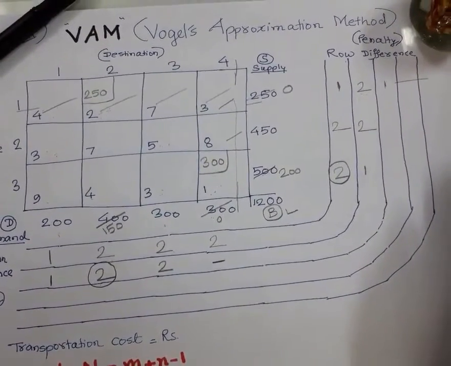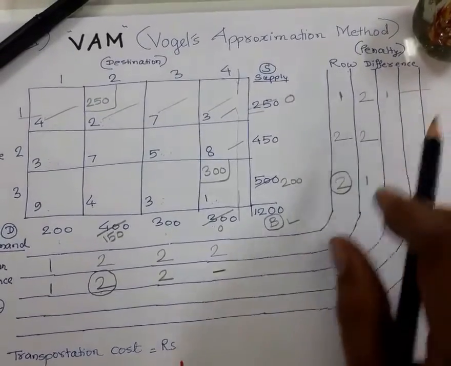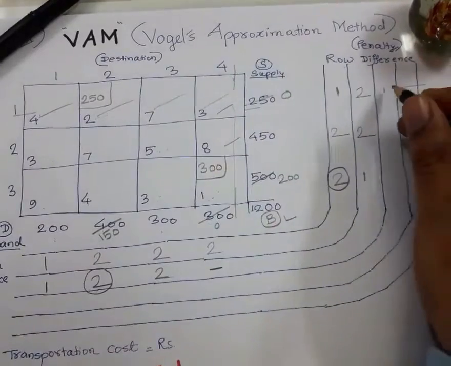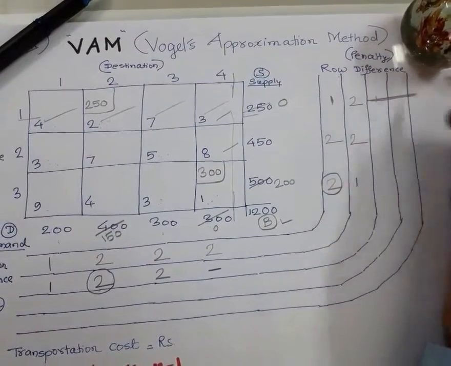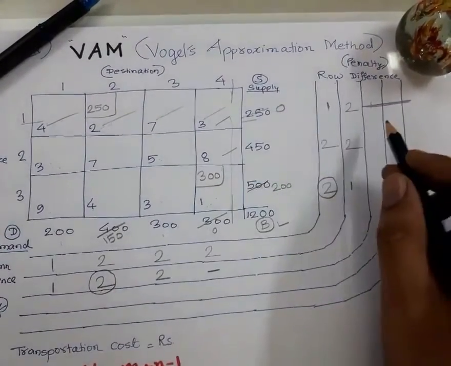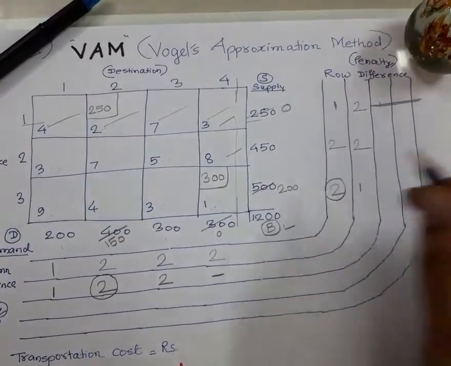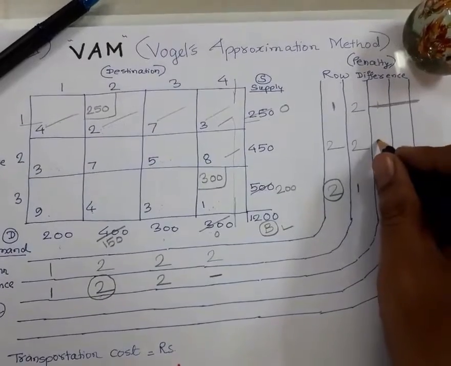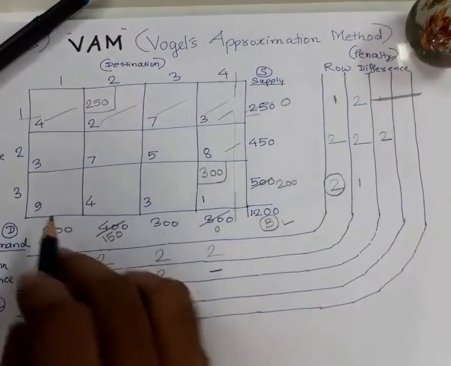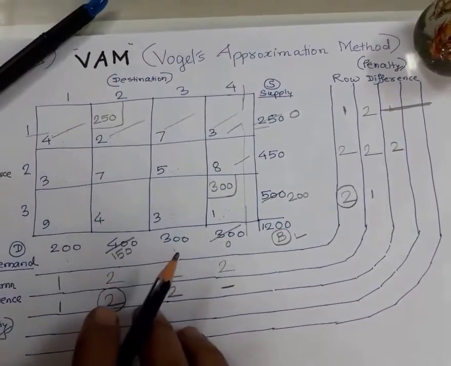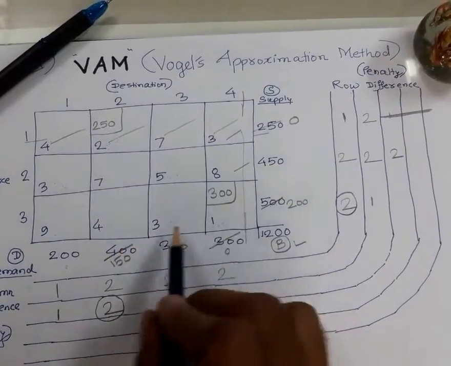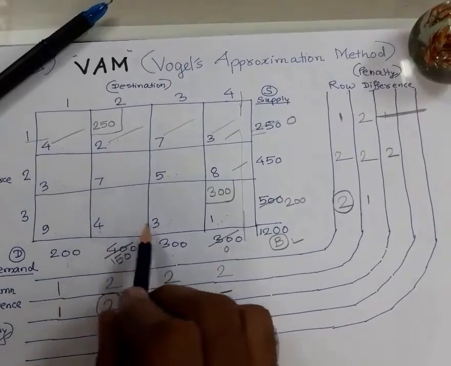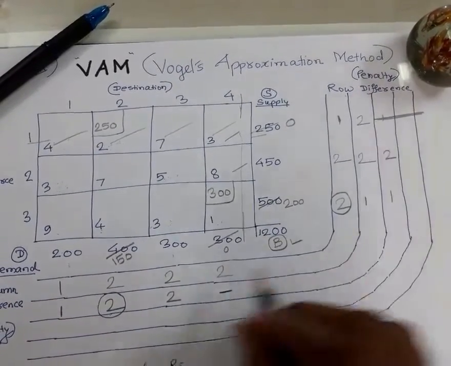Again find the row penalty and column penalty. First one is deleted, so just delete this. For the second row, smallest number is 3, next number is 5, 5 minus 3, this will be 2. For the third row, smallest number is 3, next number is 4, 4 minus 3, 1.